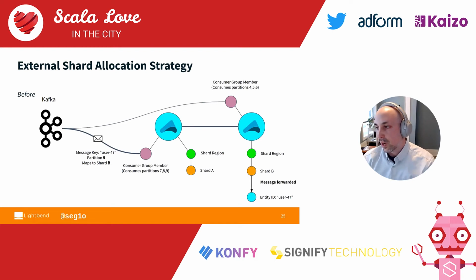So in this case, we have a Kafka cluster, and we have just two nodes represented, and there's two Kafka consumers running. So on this first node, we have a Kafka consumer group. It's assigned partitions 7, 8, and 9, and so it's obviously consuming messages that are on that partition.